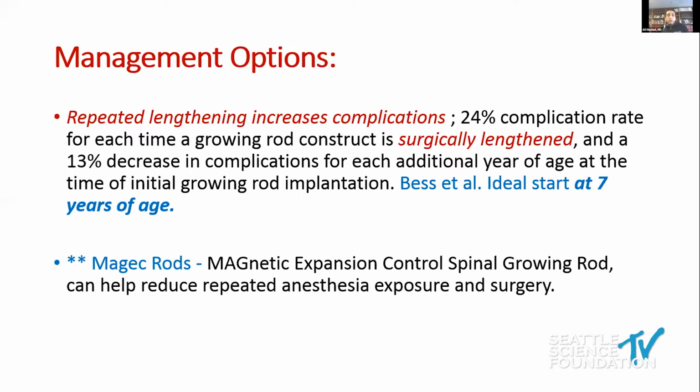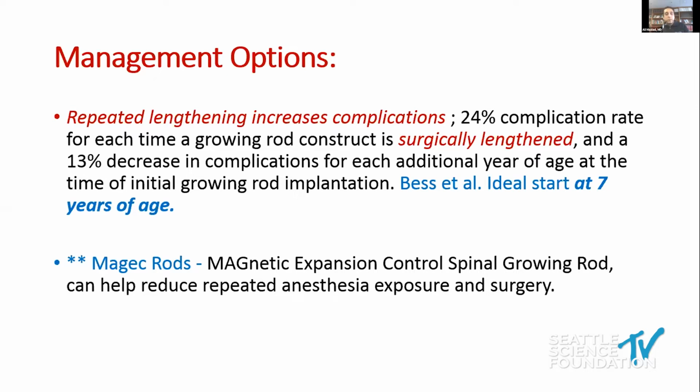And the later you start with this kind of instrumentation as the initial implantation, the less the risk of overall having complications in those patients. So in some studies, they think if the curve is manageable, you could wait up till the age of 7 years to kind of decrease the potential for risks.